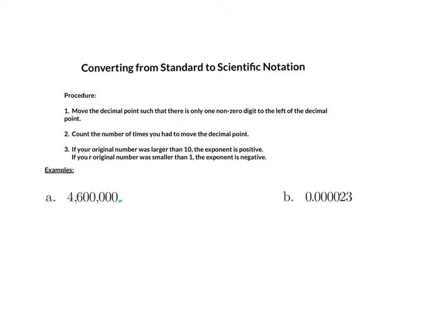Well, to move the decimal point, we're going to go 1, 2, 3, 4, 5, 6. So we get 4.6 times 10 to the, since we moved it 6 spaces, we get to the 6th power. That takes care of example A.